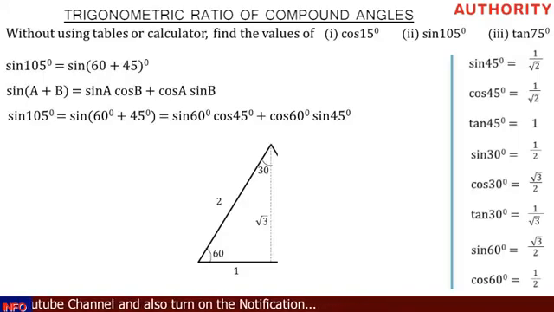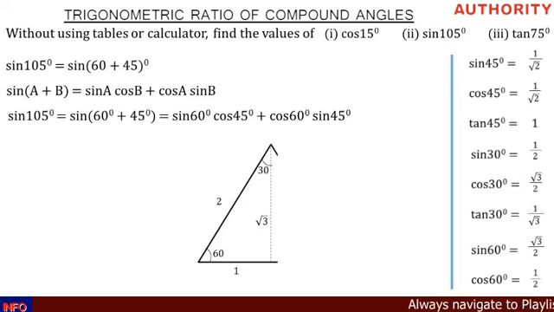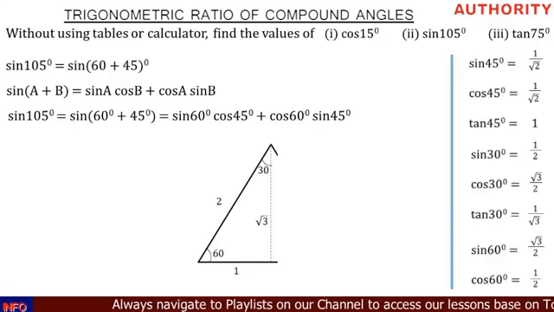Then cos 45 degrees is going to give us 1 all over √2, and cos 45 degrees is the same as sine 45 degrees, which is 1 all over √2. So sine 60 is √3 all over 2, and cos 60 is 1 all over 2.